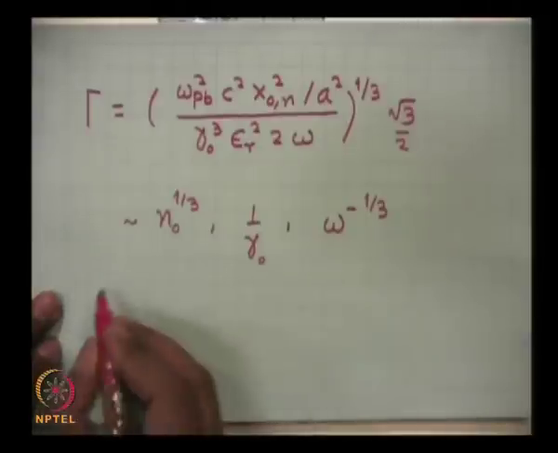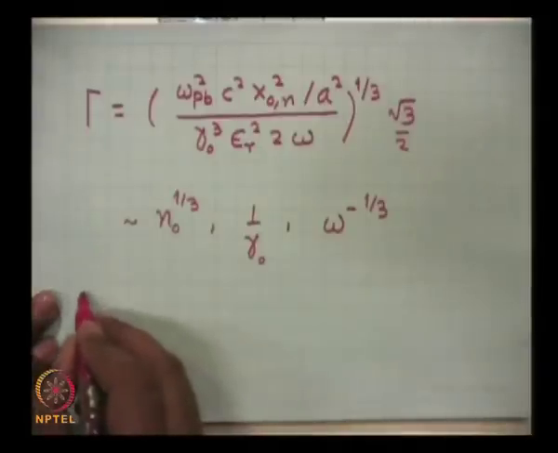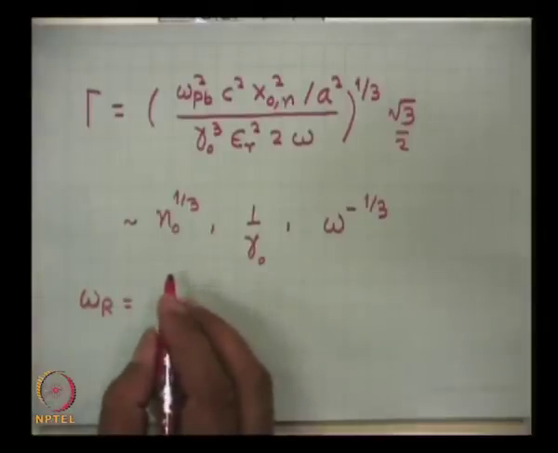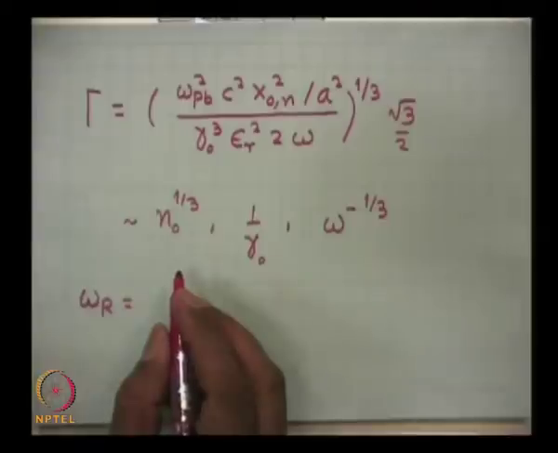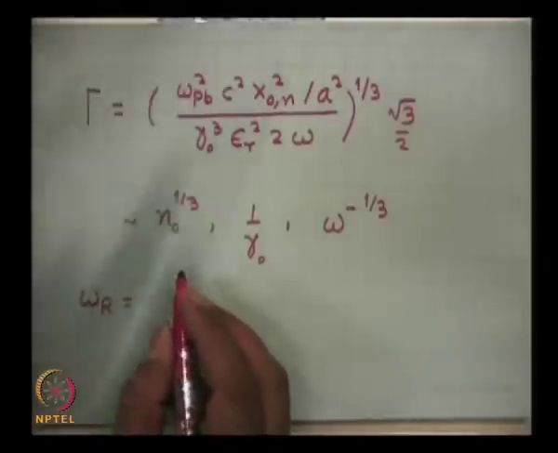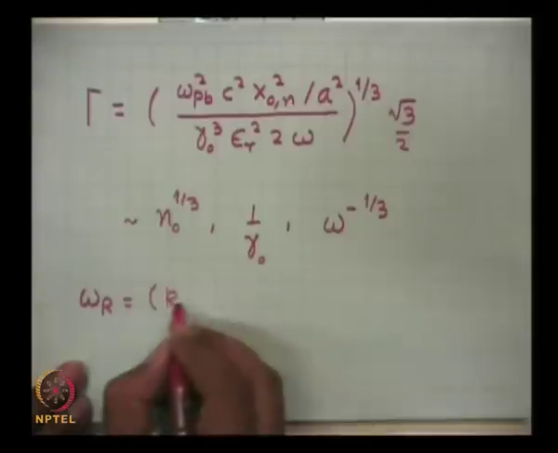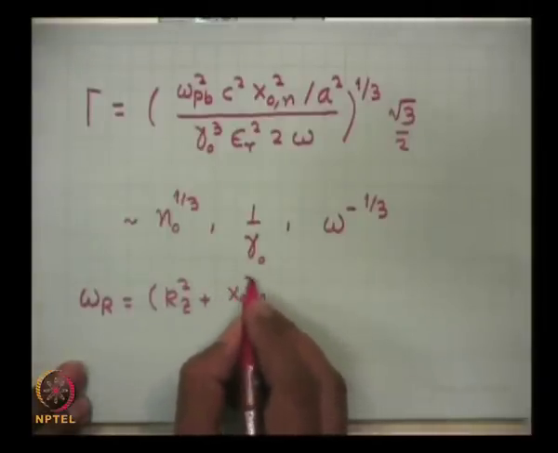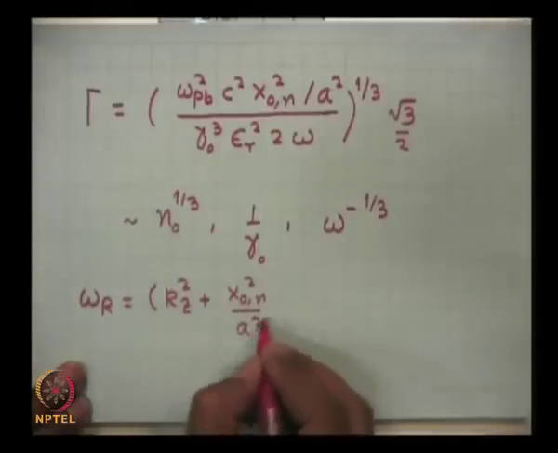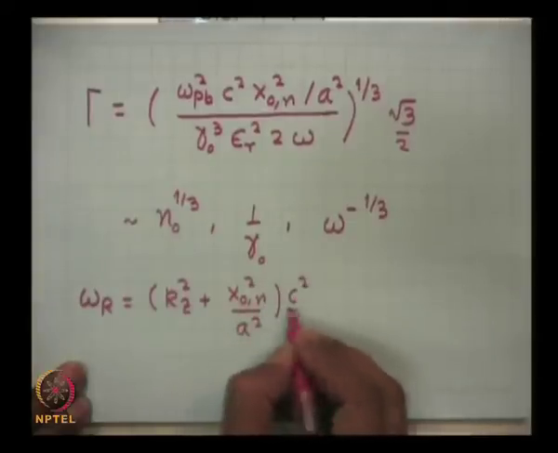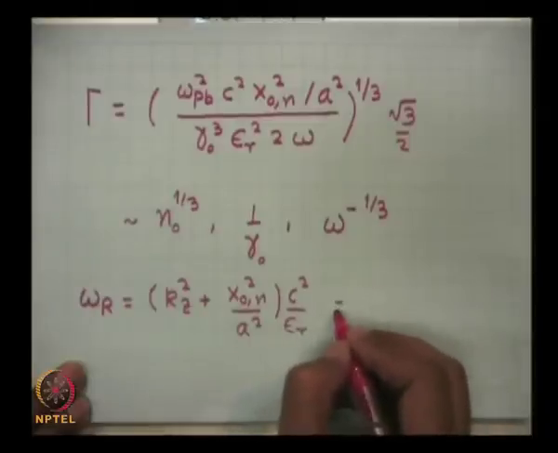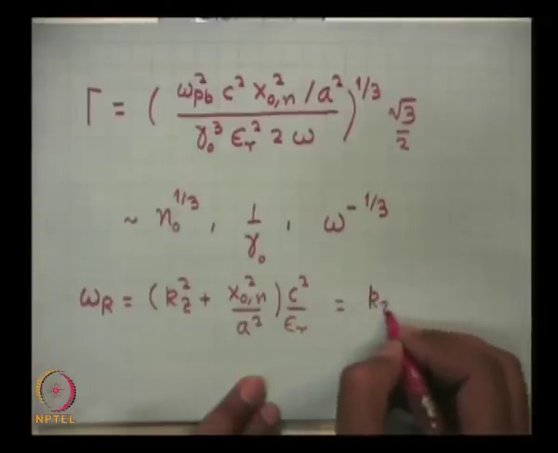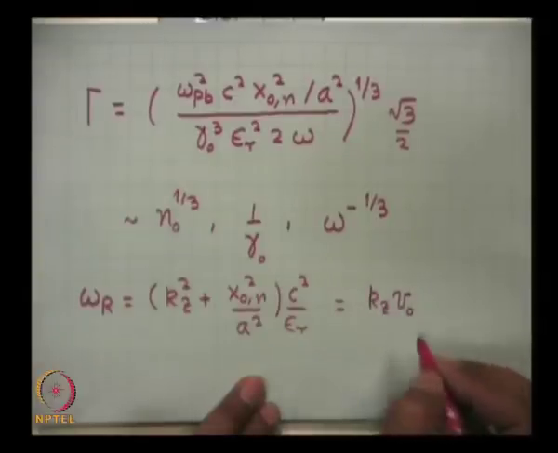The frequency of the wave is decided by this resonance condition, that omega_r, whose value I had written, and let me just recall this value, which is kz square plus x_0n square upon a square, c square by epsilon_r, has to be equal to kz v0.